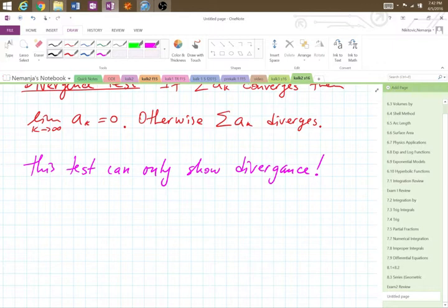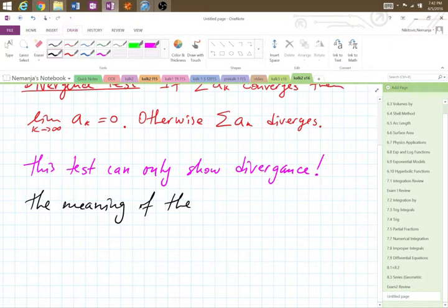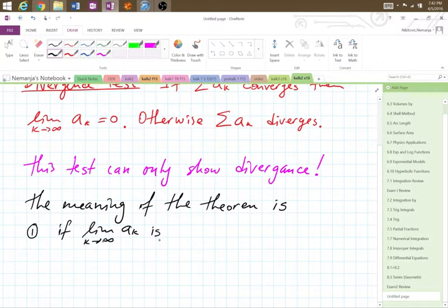So the meaning of the theorem is, number 1, if limit of a_k as k goes to infinity is 0, the test is inconclusive.